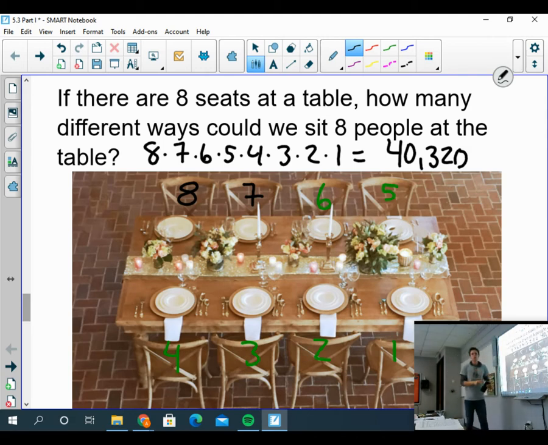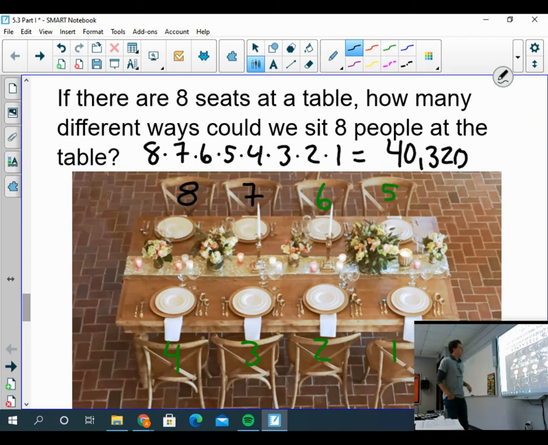Seems huge and impossible, but again, if we think about it, it makes sense. There are 8 different options of seating someone in that first seat. Then there are still 7 for the second, and 6 for the third, and so on. And when we multiply all those out, we do get 40,000.